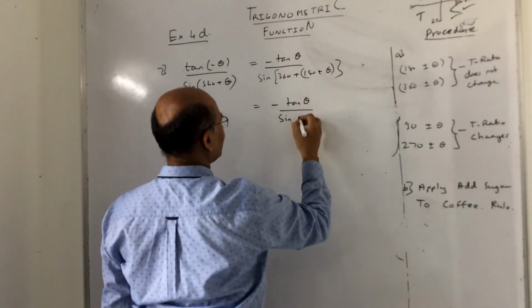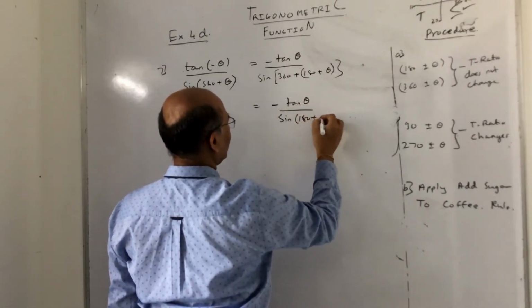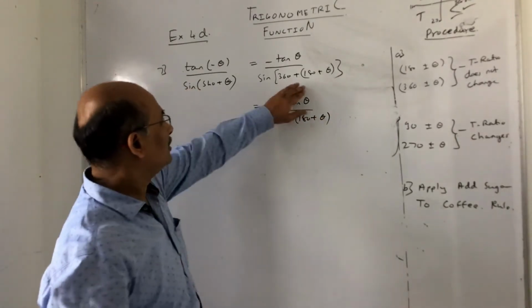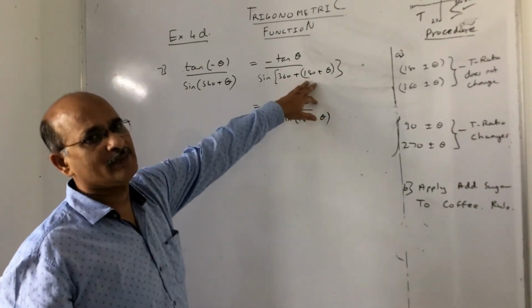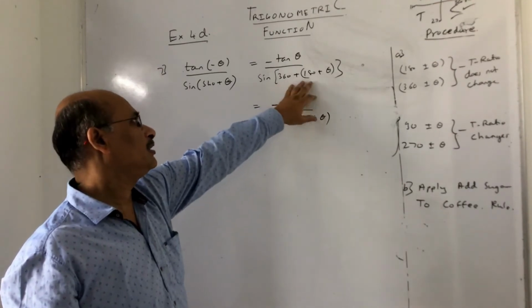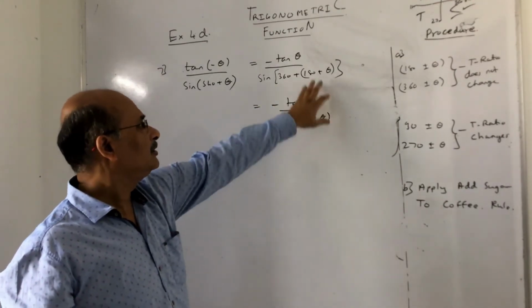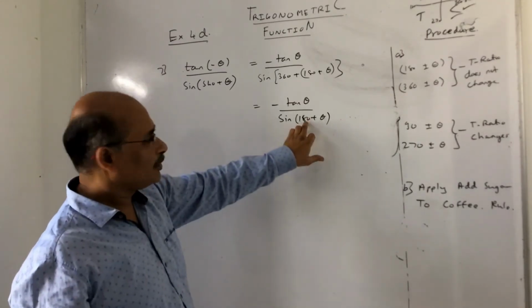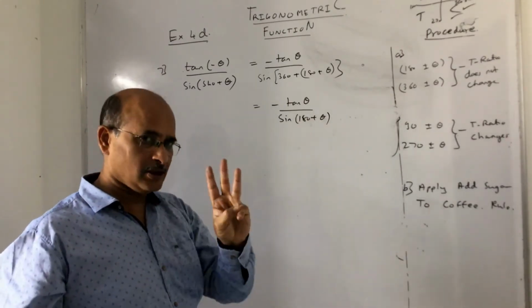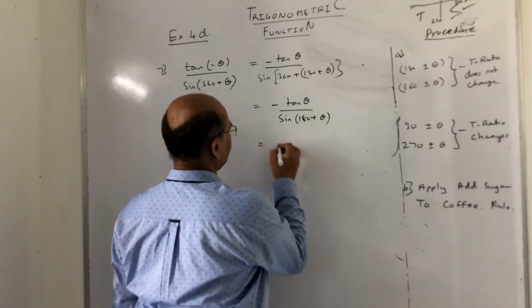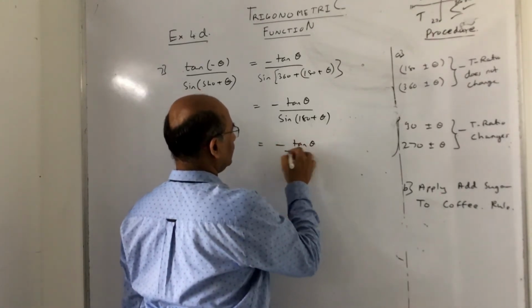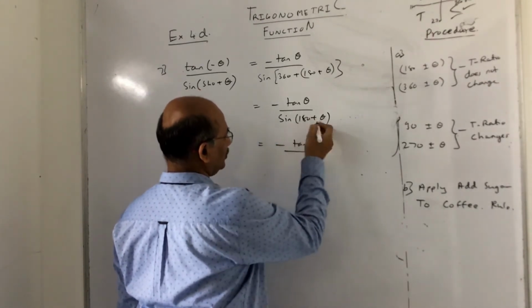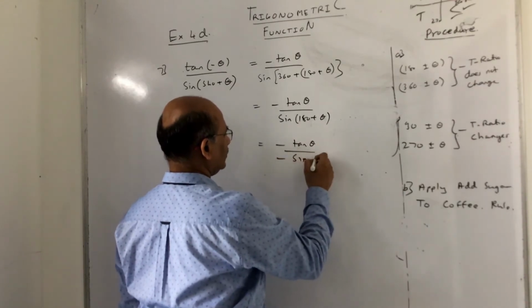So this is nothing but sine of 180 plus theta, because 360 plus theta I presume to be first quadrant and I wrote this theta as it is. Now again, this is not a standard form, 180 plus theta is third quadrant, so this is minus tan theta, the ratio remains the same, upon third quadrant, minus sine theta.